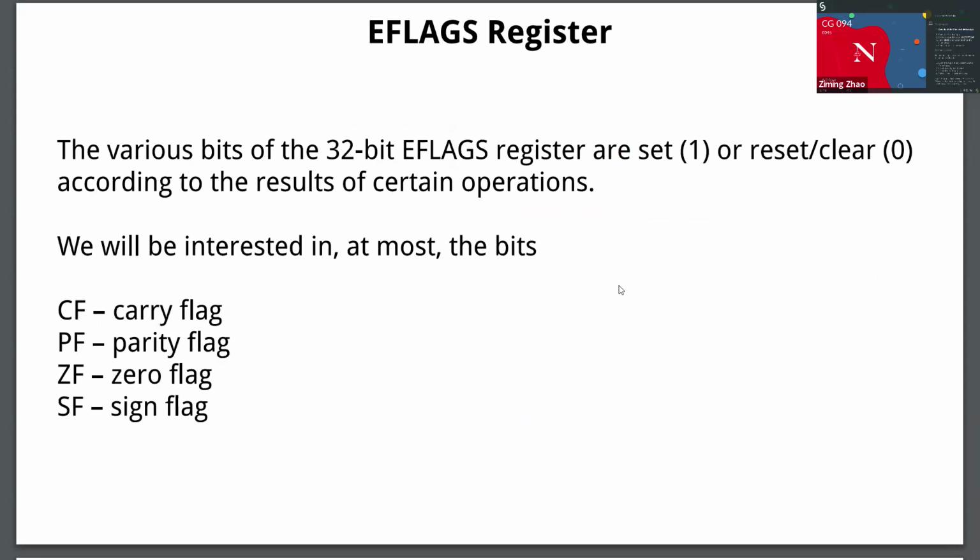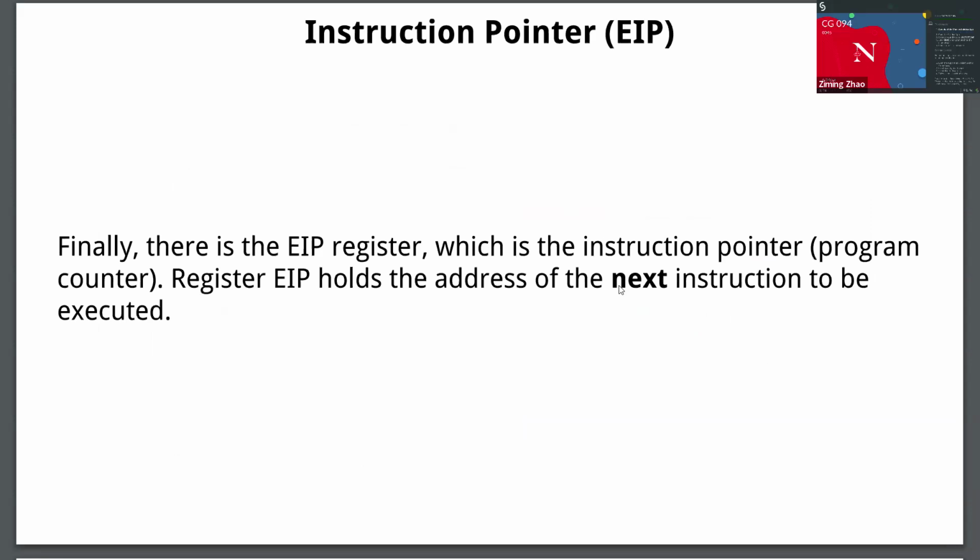The flag register or the EFLAGS register has many different bits to indicate the computation status. For example, there is a carry flag, parity flag, zero flag, sign flag. You probably already learned this in the assembly language class or computer organization class.